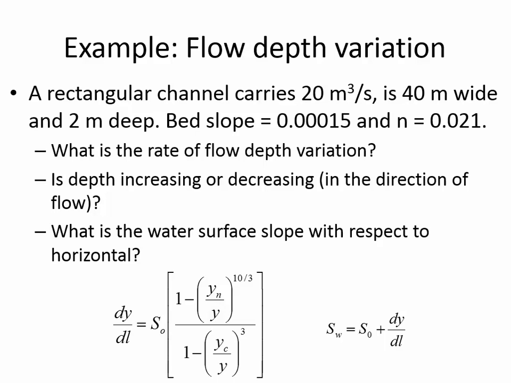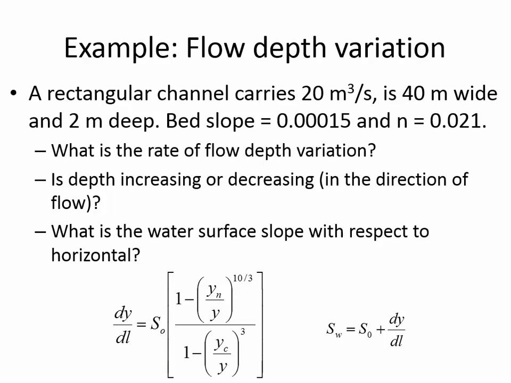So let me tell you what we've got. We've calculated at some certain spot, we know that the flow depth, the water is at 2 meters here, where we're interested. This is our point of interest. Okay, so we calculated the critical depth, and the critical depth is 0.2943.